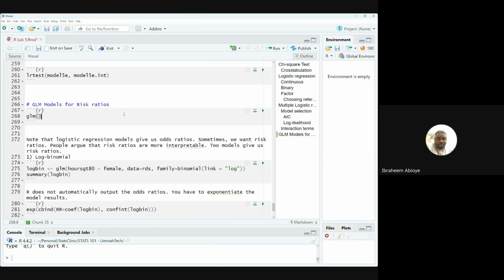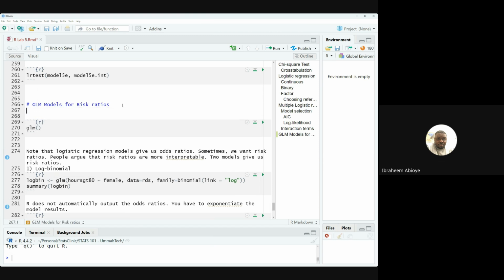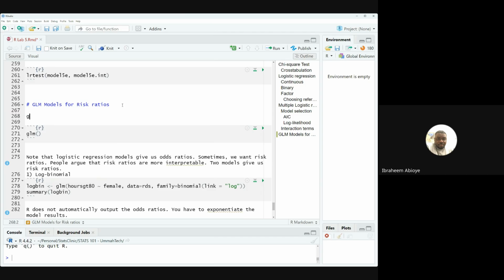the general structure of the GLM model is, let me write that separately, GLM, outcomes, and tilde, and exposure. This is the general structure of all models. You've probably seen that in linear regression. But for GLM models, usually you would have the data, and then for GLM models, you have to specify the family.